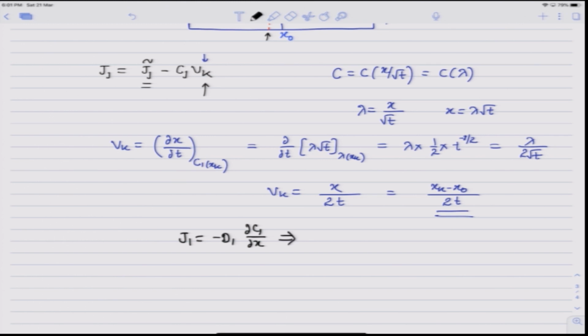Again, the concentration gradient can be determined at xk, and so D1 at the composition corresponding to xk is nothing but minus J1 at xk divided by the gradient of concentration 1 at xk. This way we can find out D2 also, which is simply minus J2 over dou C2 by dou x, and thus we can get the intrinsic diffusion coefficients from a diffusion couple experiment.